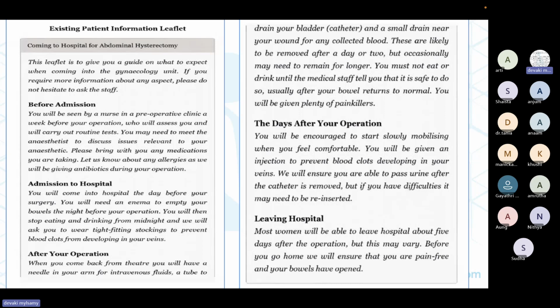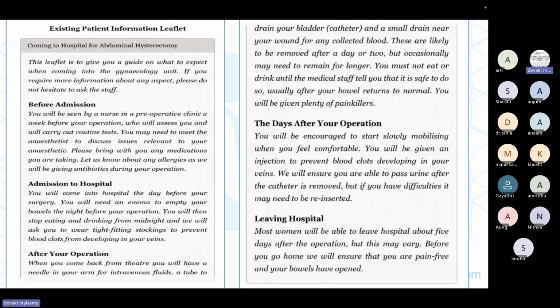Regarding presentation, one more point is that it is only given in one language, so it can be made into multiple languages so that people of other languages can also go through it. So I think the leaflet has quite good points.